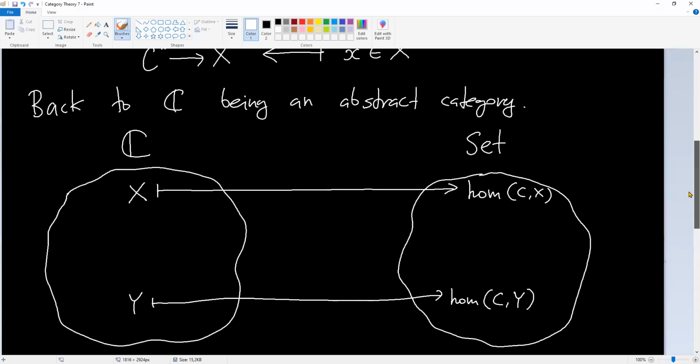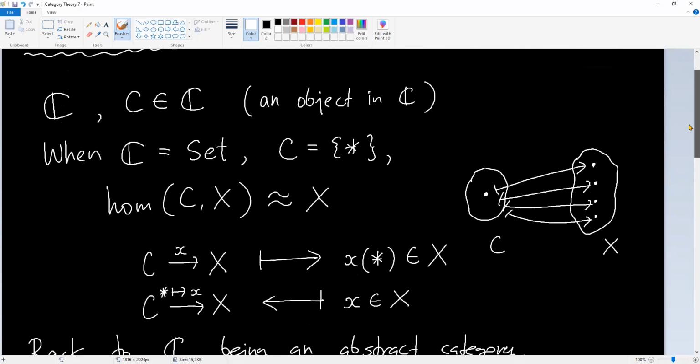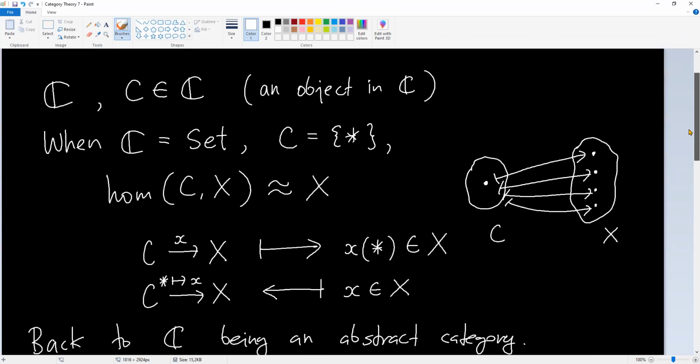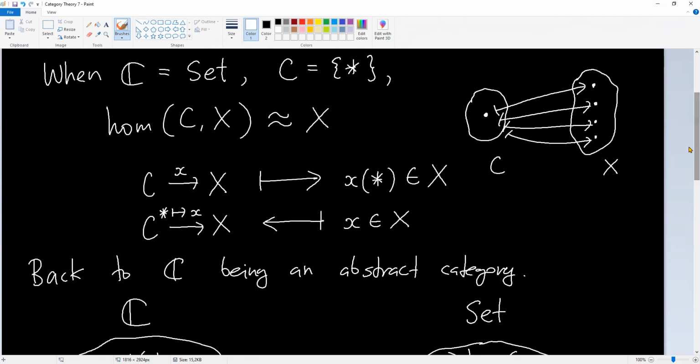So just a quick recap of what we did so far, for Michaela. We looked at the category of sets and the singleton, and we reminded ourselves of the idea of a generalized element. These are the elements of this hom set, Hom(C, X). And when indeed we have C as a singleton in the category of sets, there is a bijection between Hom(C, X) and X, given by these assignments.